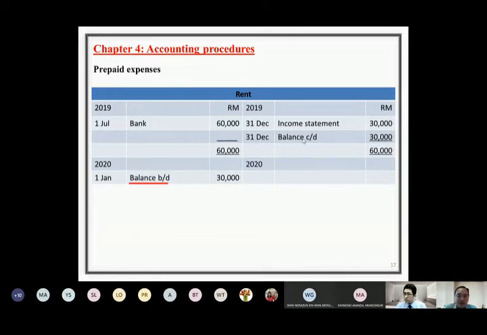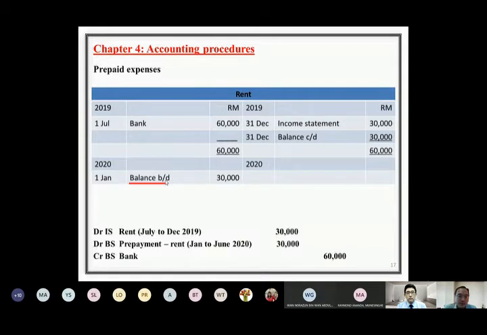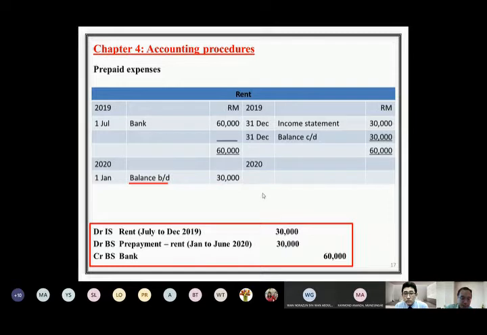You have a balance carried down, and a balance brought down. For journal entry purposes, I will also show the double entry. It will show debit the income statement for the rent. During the financial year, it'll be 30,000. This is what you transfer to the income statement, 30,000.